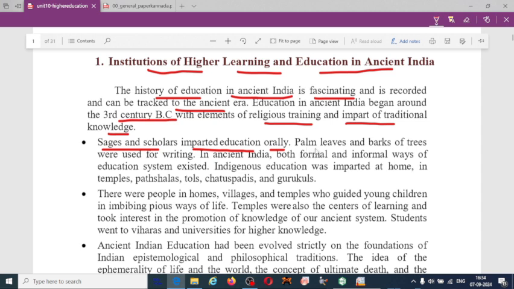There was no technology earlier, they only had to listen and keep it in mind. Usually to note important points, they used palm leaves and barks of trees for writing. In ancient India, both formal and informal ways of education existed. Indigenous education was imparted at home, that is informal education, and in temples or pathshalas, schools, chatuspadis and gurukulas, where the formal education takes place.